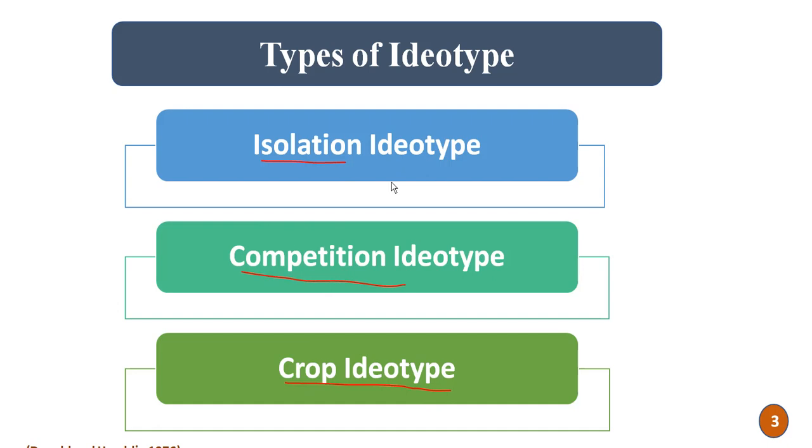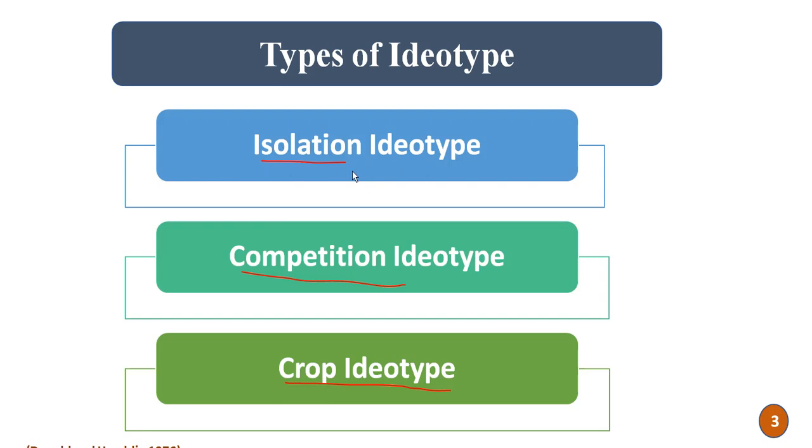This is the model plant type that performs best when the plants are space planted. As its name indicates, isolation means when we grow this plant model space planted, then it performs better. So this type of ideotype is called isolation ideotype.